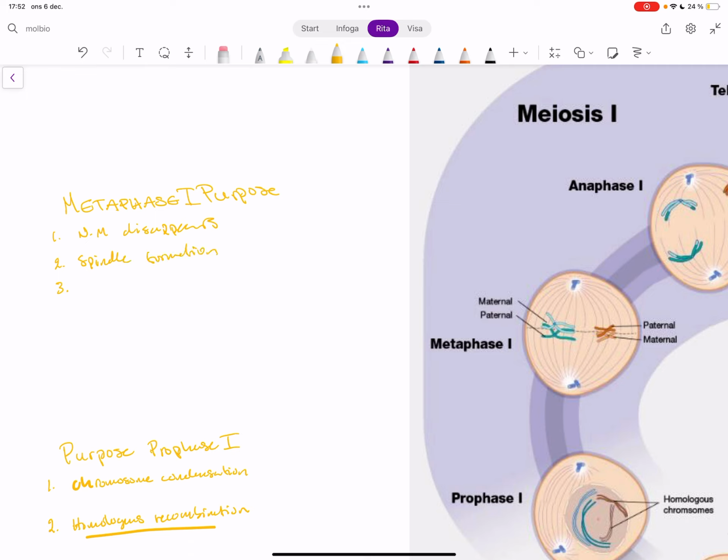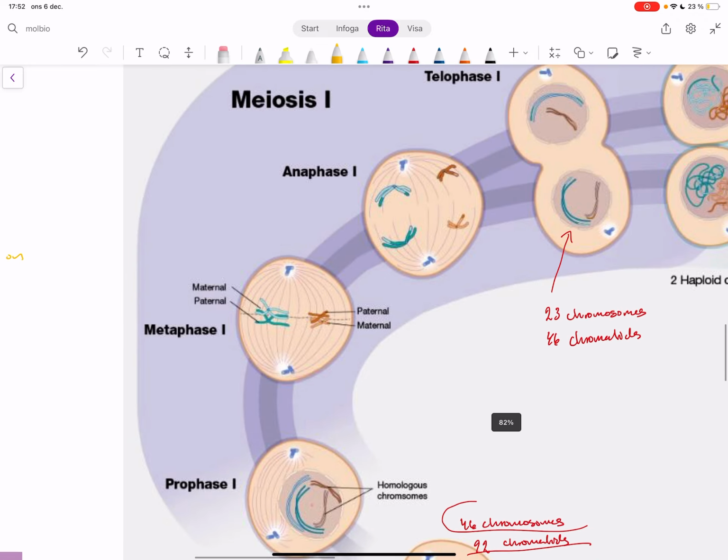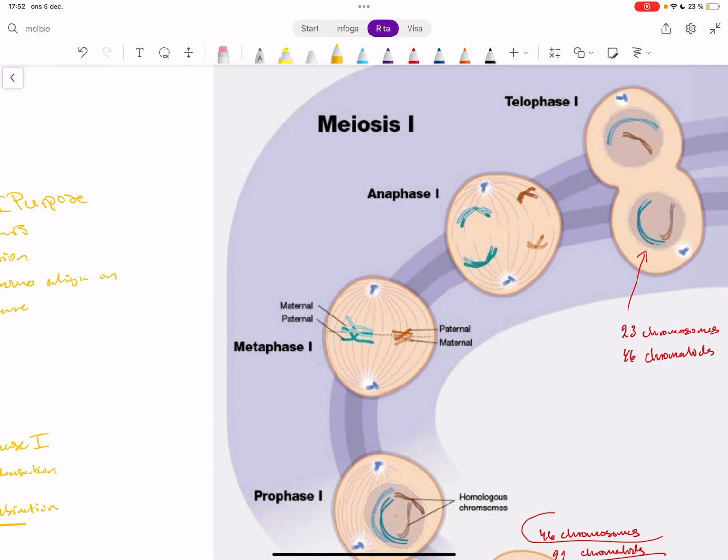And thirdly, the bivalent chromosomes will start to align on the equatorial plane.